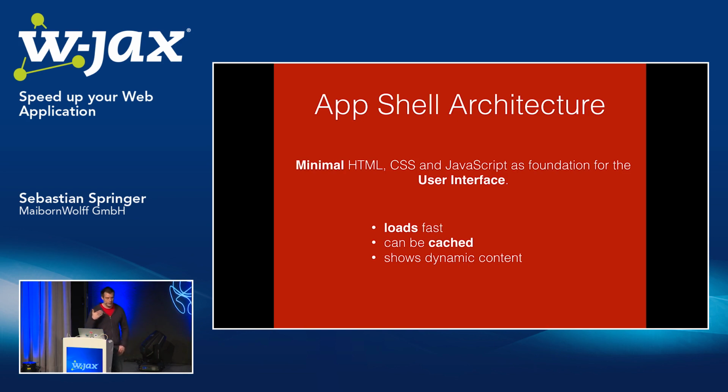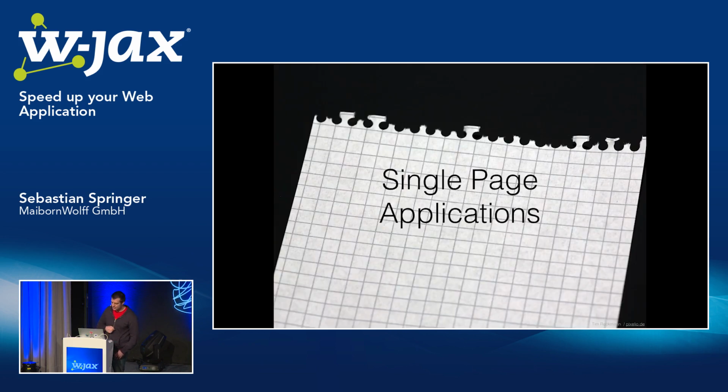And as soon as the application is displayed, another part of the life cycle of your application starts. And this is where it's getting interesting for us, because if you have a single page application, you don't have that many requests or page loads, but you have the centerpiece of your application, and then you take parts of your application out and replace them with dynamically generated content.